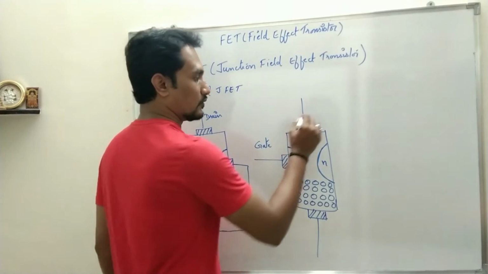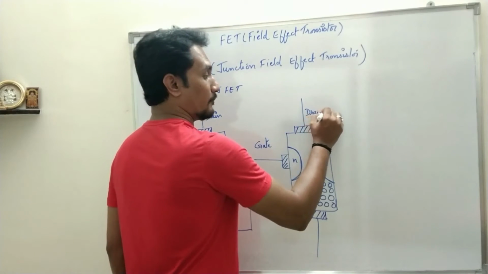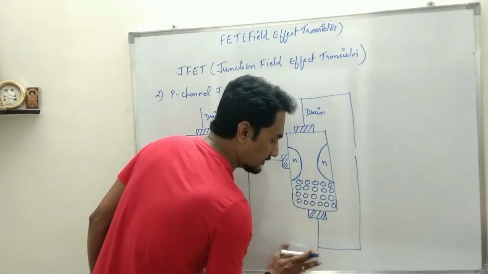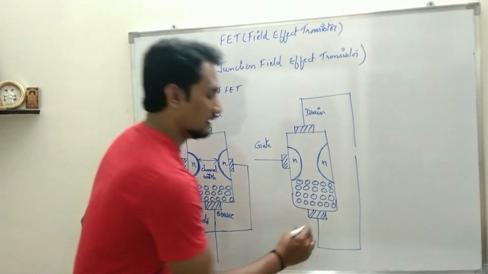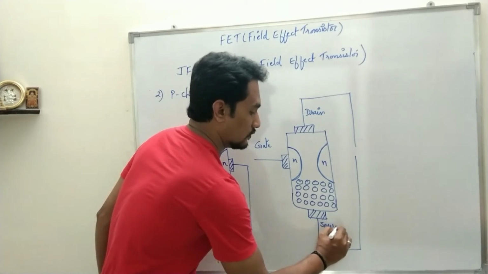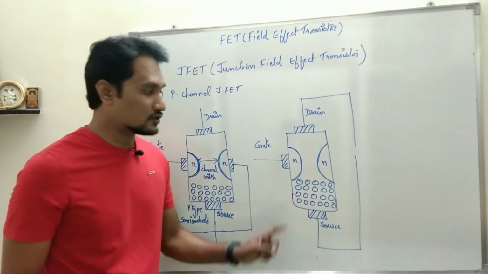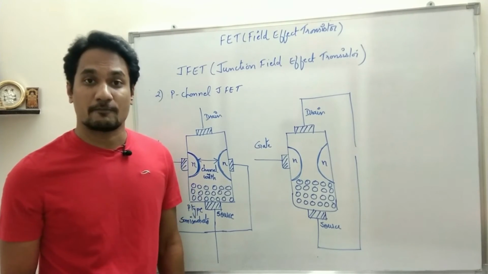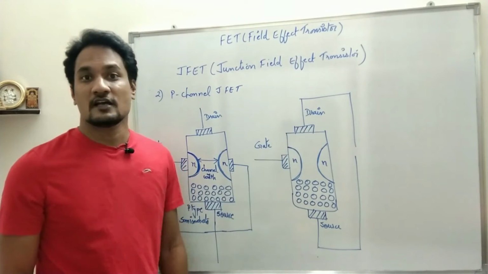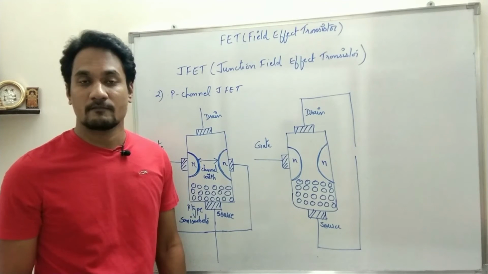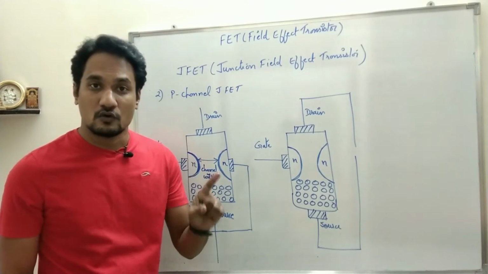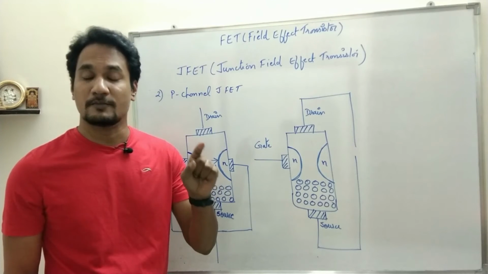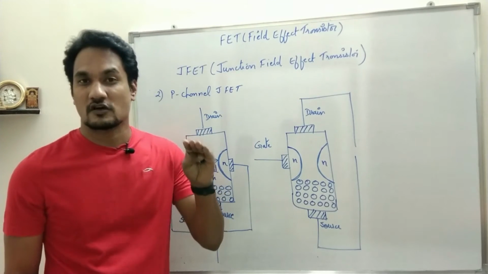Initially we will apply a potential between drain and source in such a way that current flows from source to drain. Now just look at the circuit diagram and tell me what should be the potential applied between source and drain so that current flows from source to drain? First, the current in a p-channel JFET will be because of holes.